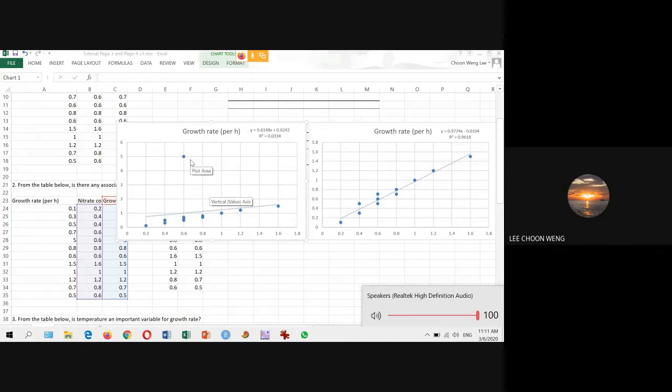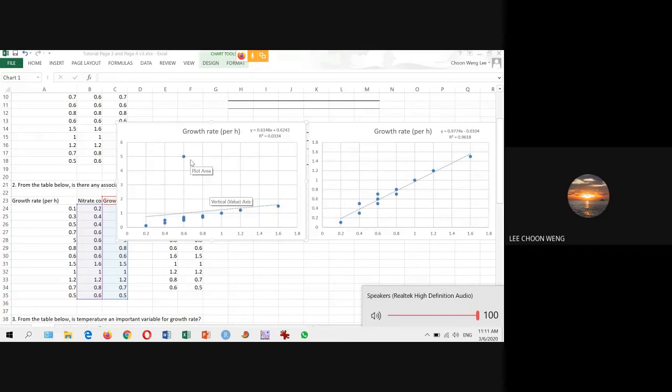Always explain whatever data that you have, especially in biology. Unlike chemistry and physics, where everything is more definite, in biology there's a lot of variability in our experimentation and results. Partly because biology is like that.